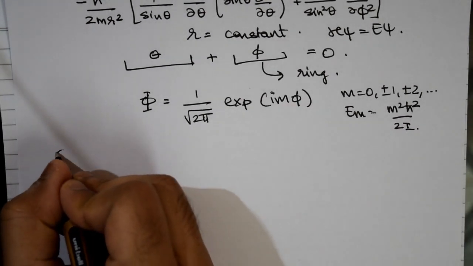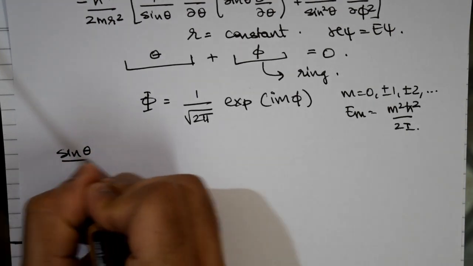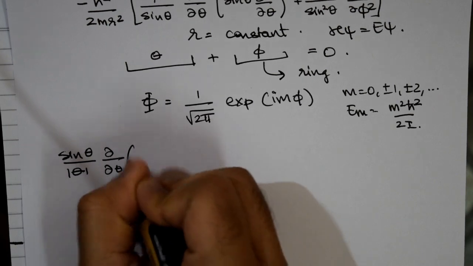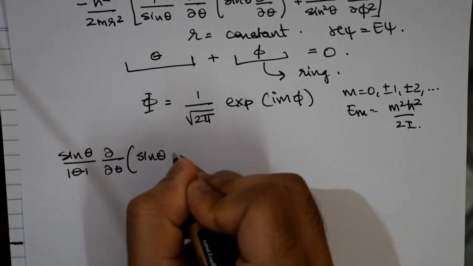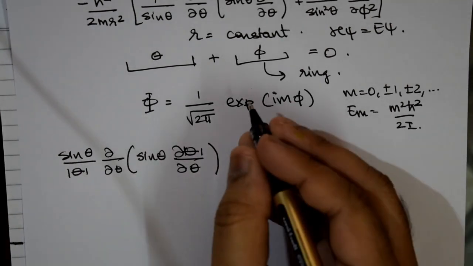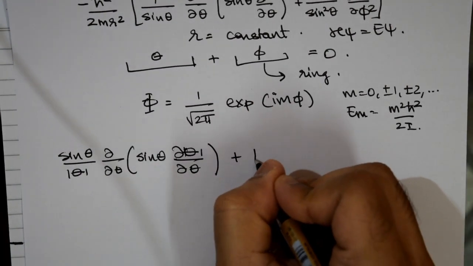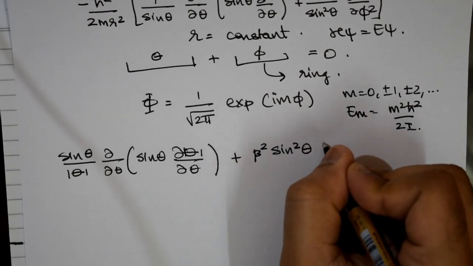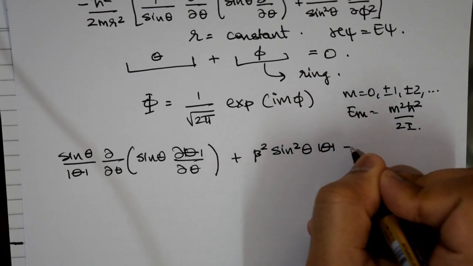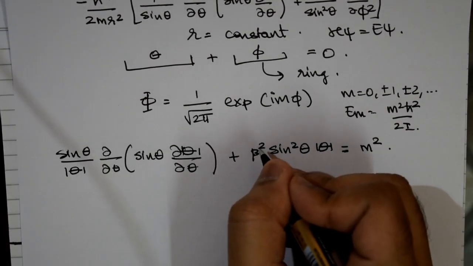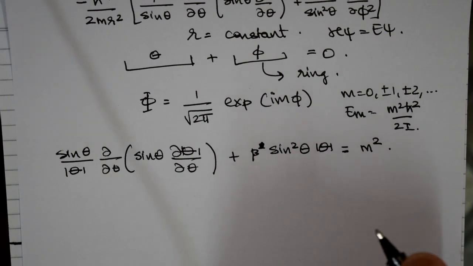Sin theta divided by capital theta dou over dou theta sin theta dou capital theta over dou theta plus beta square sin square small theta times capital theta is equal to m square. This is where we left off. I think it was beta that we assumed.